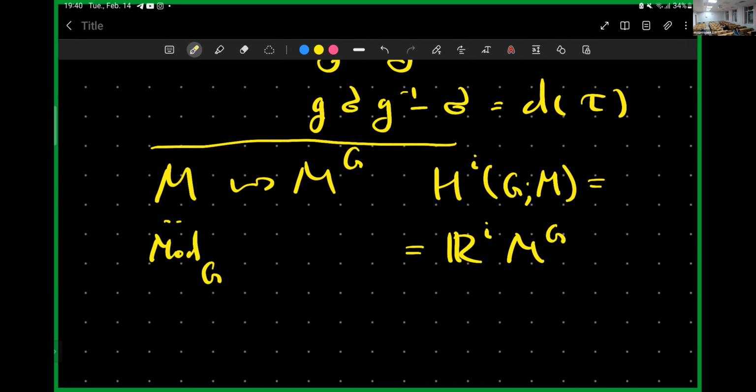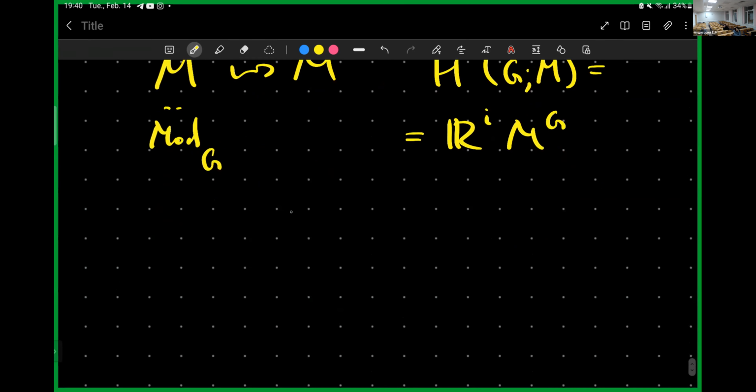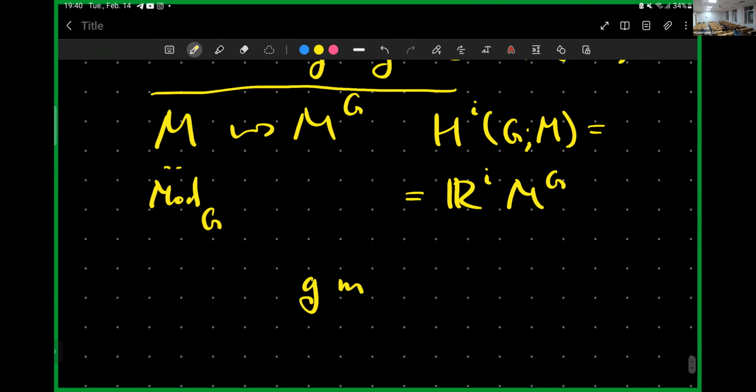Let's start with the zeroth derived functor. On the level of M, we multiply by g, a small g, which is an element of capital G. What happens when we take an invariant and multiply by g? Nothing happens.